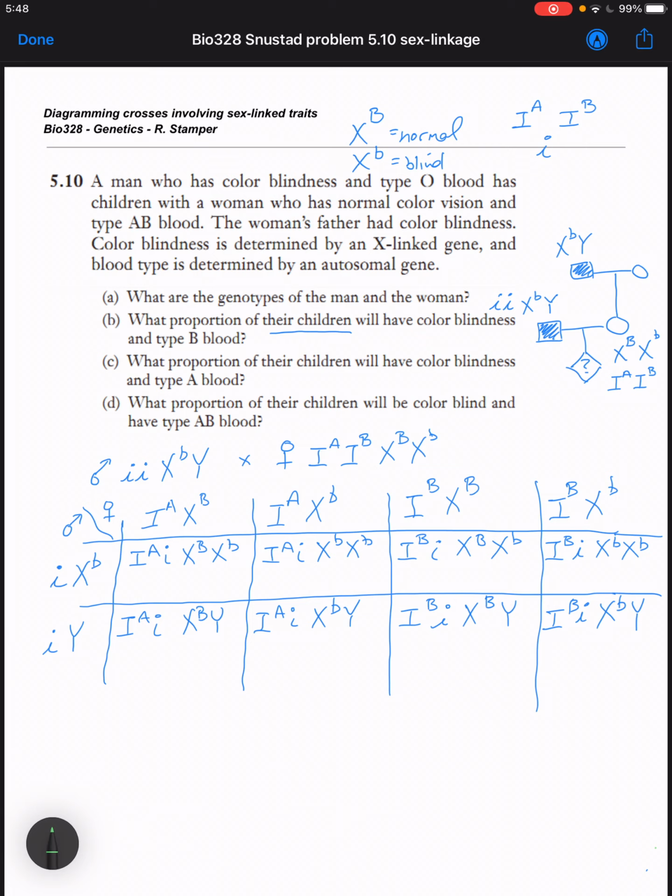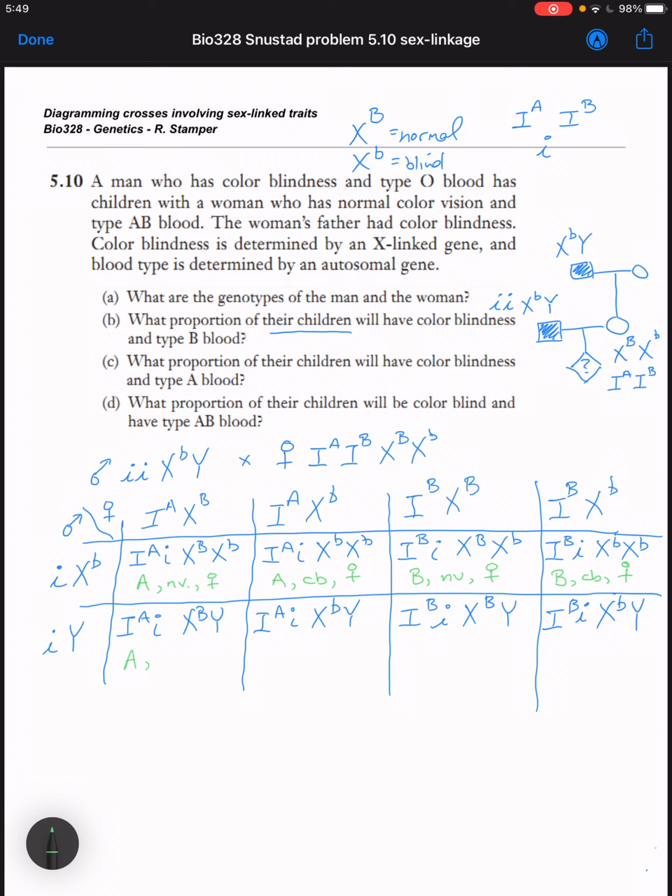So we can go through and say, all right, the top row, first box, we have blood type A, normal vision, and this is a female, right? The next box over, blood type A, colorblind, female. The next box, blood type B, normal vision, female, and blood type B, colorblind, female.